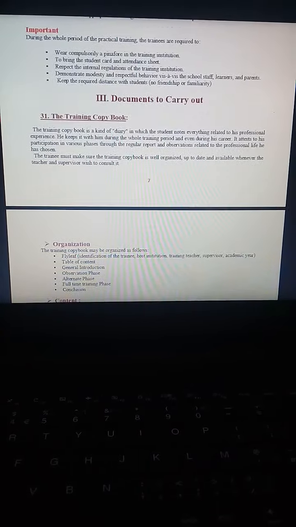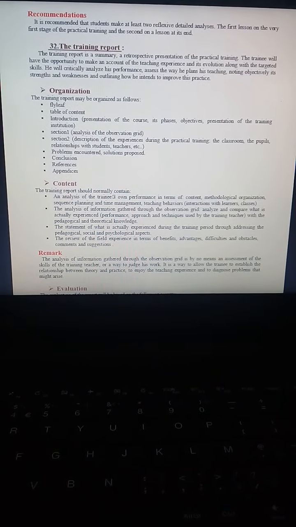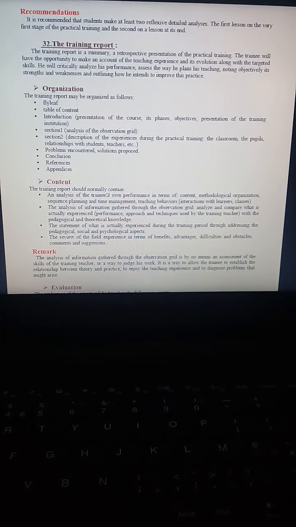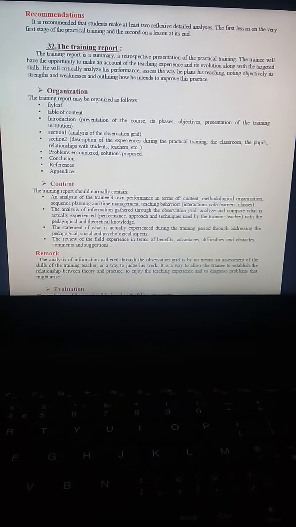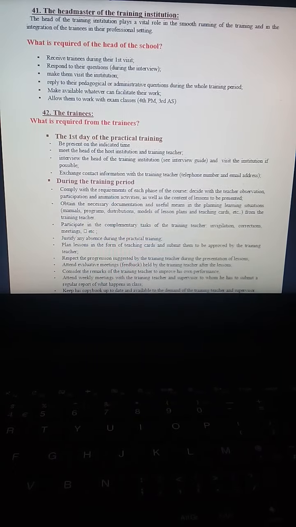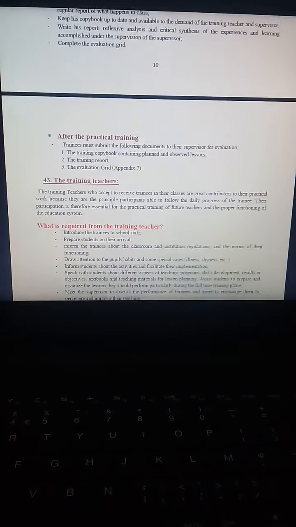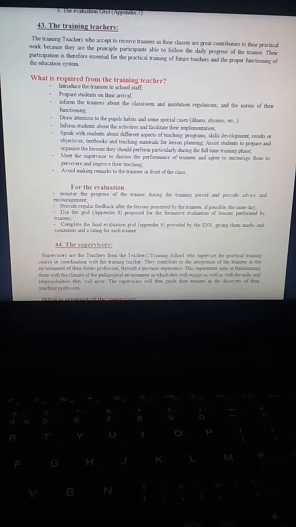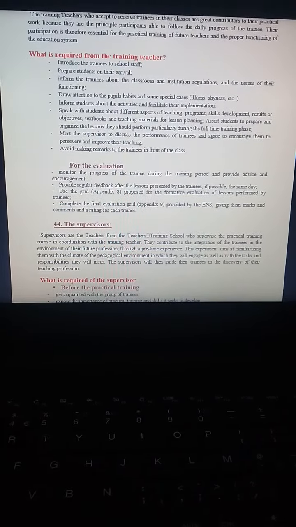And it adds some other information or titles that you should know, and I think that you are not obliged to mention them in your training report or copybooks. It depends on your training teacher. For example, here, what is required from the training teacher.